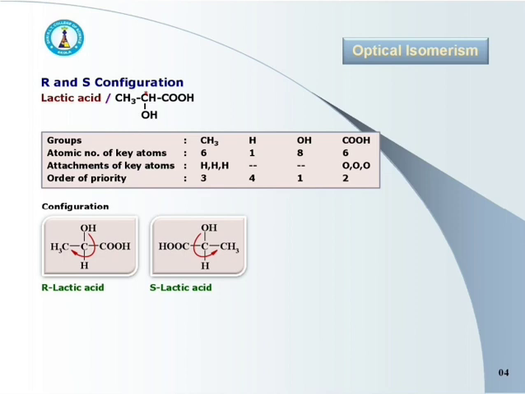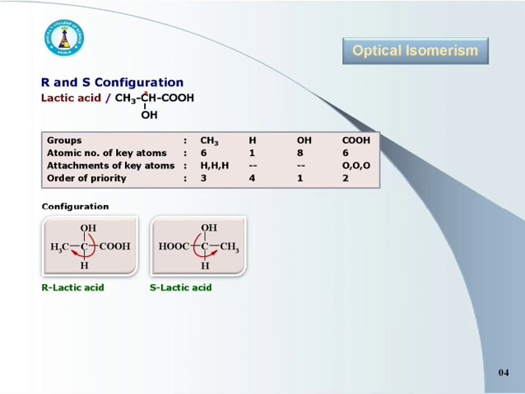The attachments are oxygen, oxygen, oxygen because in COOH one oxygen is singly bonded to the key carbon, and the other oxygen is doubly bonded to the key carbon. As the attachments of group COOH have higher atomic numbers than group CH3, the COOH group has higher priority than the CH3 group. Group COOH has second priority, whereas group CH3 has third priority.